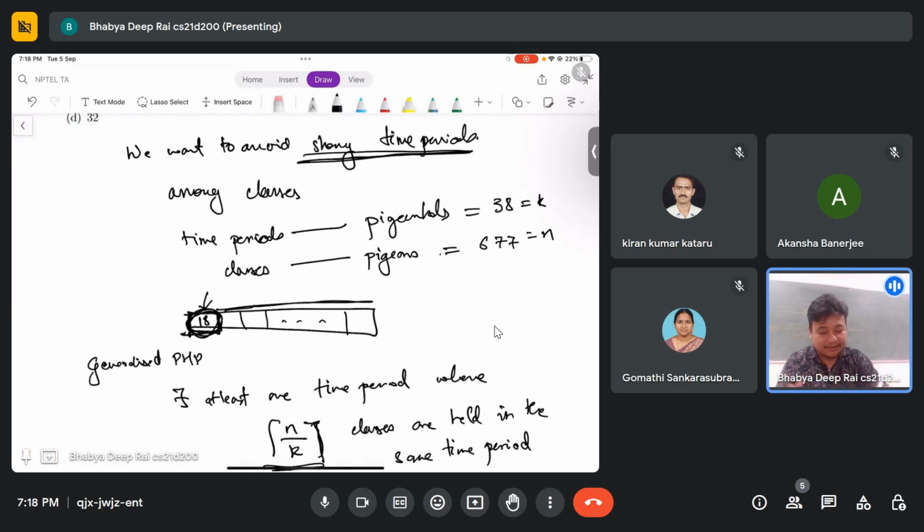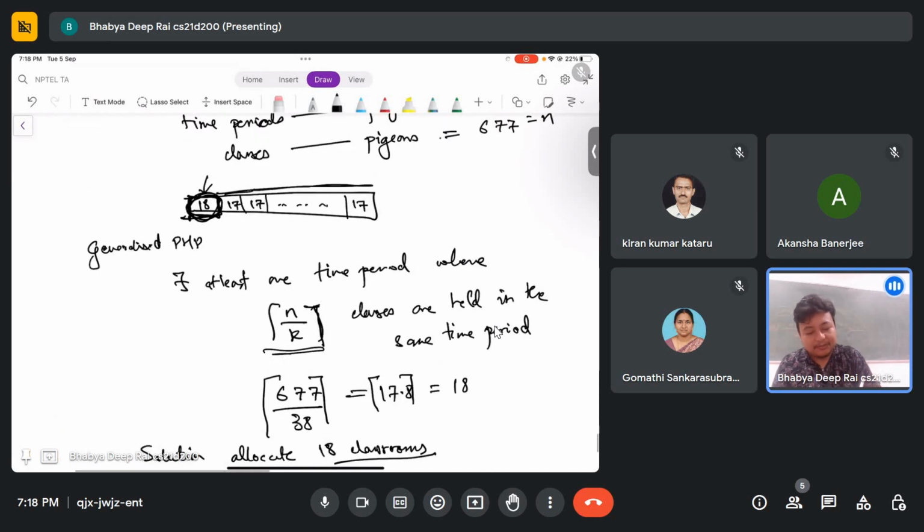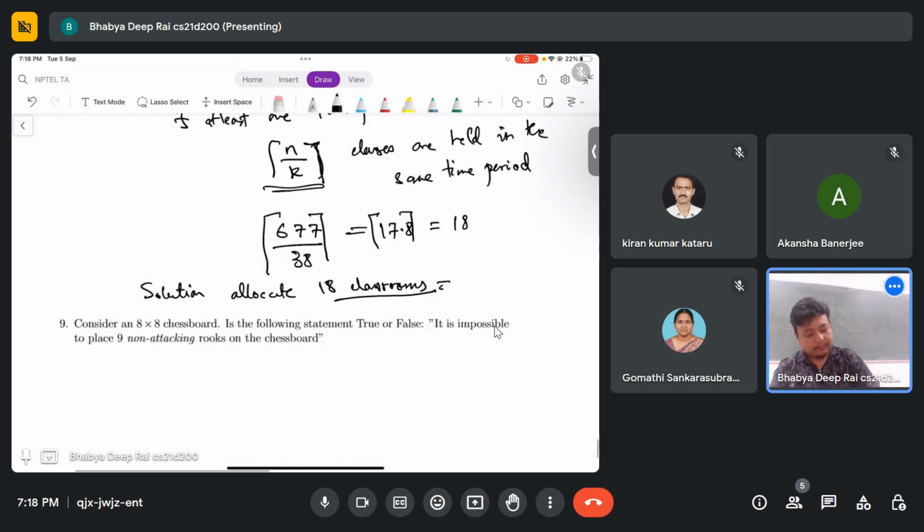Because we already saw the logical way to do it would be to scatter 17, 17 each and then add one to it, and that is given by this formula. So if you give 18 classrooms, there will be no class without a classroom.